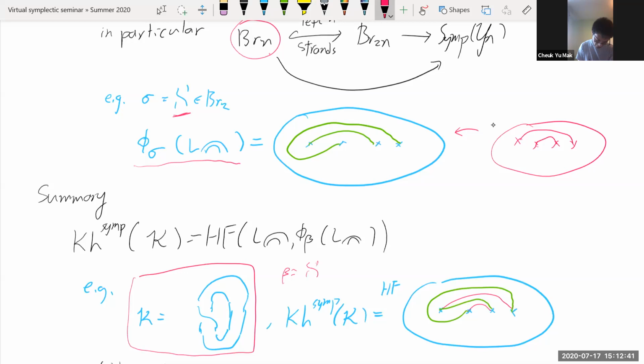And the symplectic Khovanov homology is the Floer homology of the red one and the green one. The red one is L rainbow, and the green one is phi beta of L rainbow.